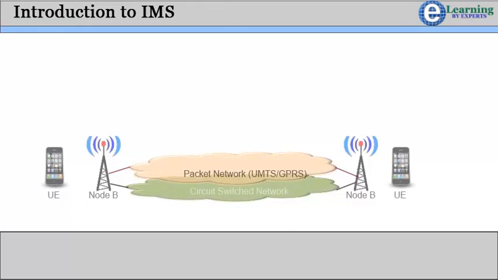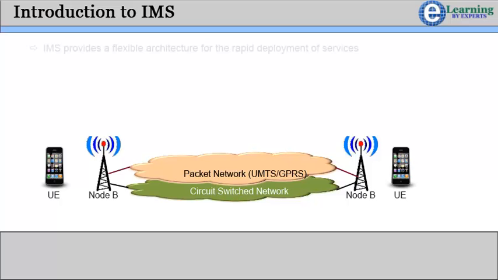On the network side, the most important evolution in UMTS R5 is the introduction of IP Multimedia Subsystem, IMS. It provides a flexible architecture for the rapid deployment of innovative and sophisticated features.